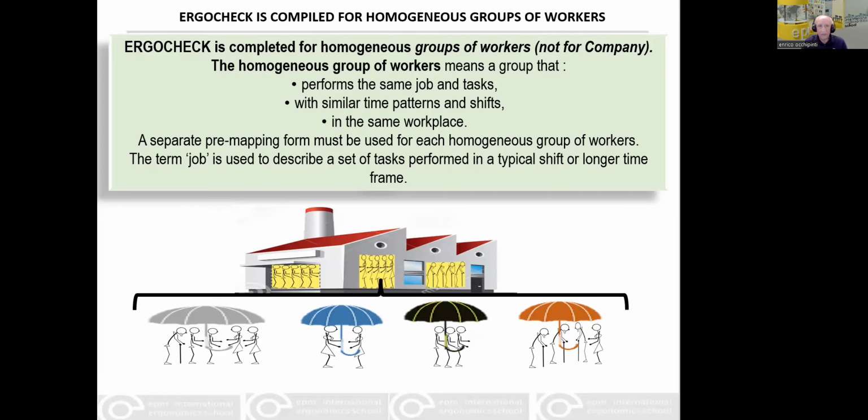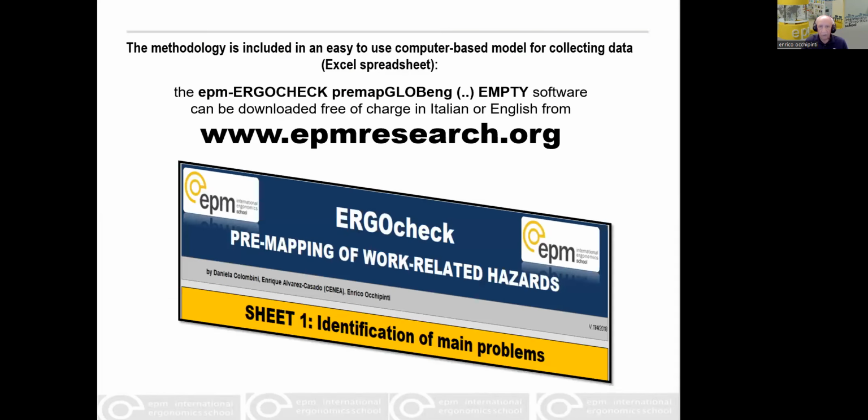literature. One very important thing is that the ERGOCHECK is compiled for a homogeneous group of workers, where homogeneous group means a group that performs the same job or task with similar time pattern, shift and workplace. A separate ERGOCHECK should be used for each homogeneous group of workers and not for the whole department or the whole company.